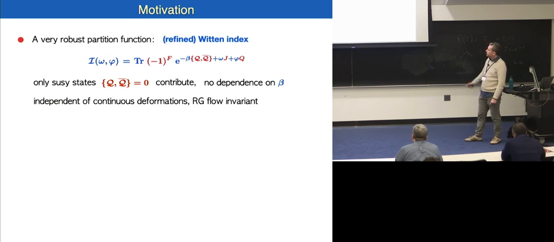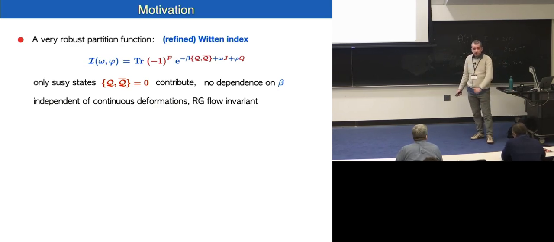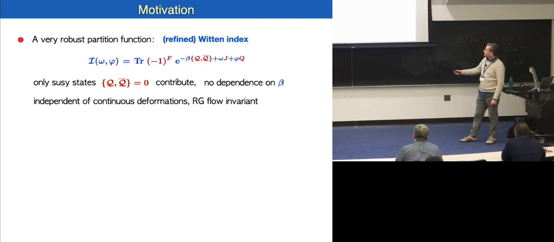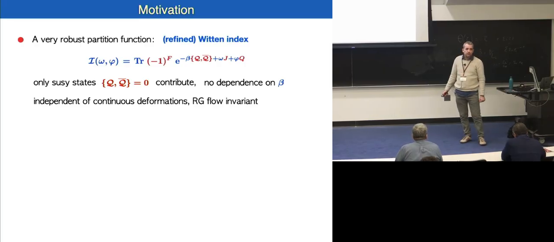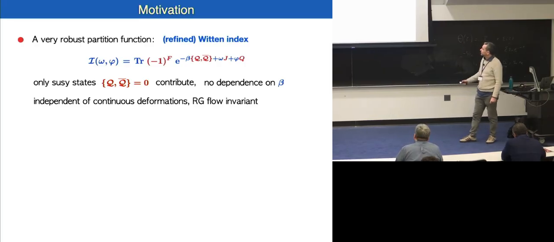So only supersymmetric states contribute to this partition function. That's why it is so robust. And in particular, it is invariant under any continuous deformation. In particular, it is an RG flow invariant. And it is independent of the inverse temperature beta appearing there, precisely because only supersymmetric states contribute.